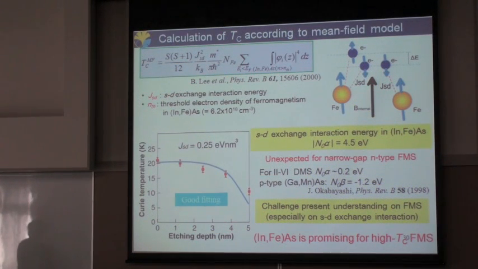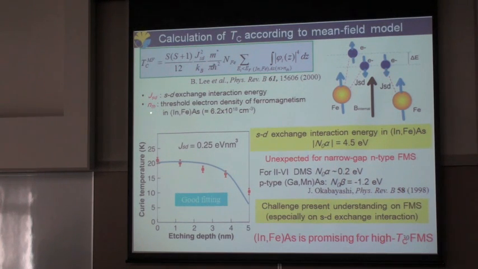There is a theory to predict the TC in such a quantum well based on the gallium arsenide and gallium manganese arsenide heterostructure. This was the paper by Lee and MacDonald's group, and they showed this TC based on the mean field model.